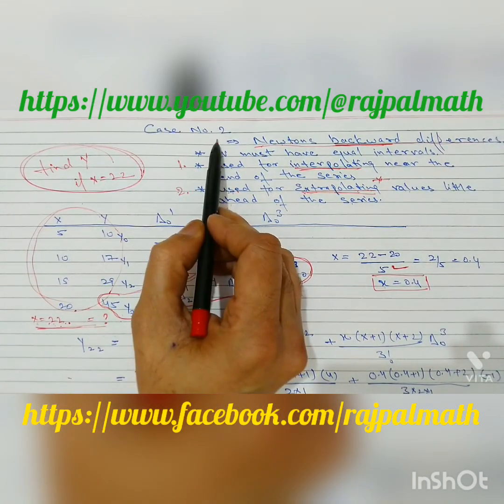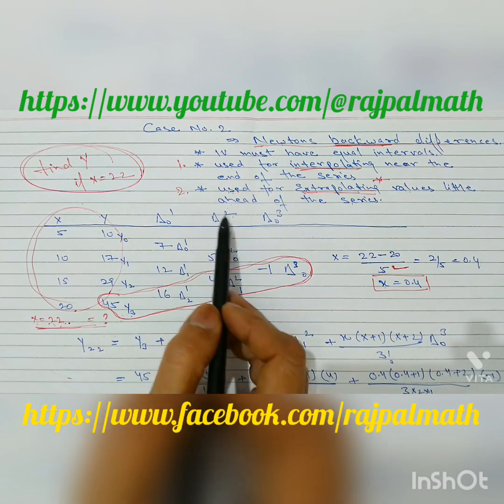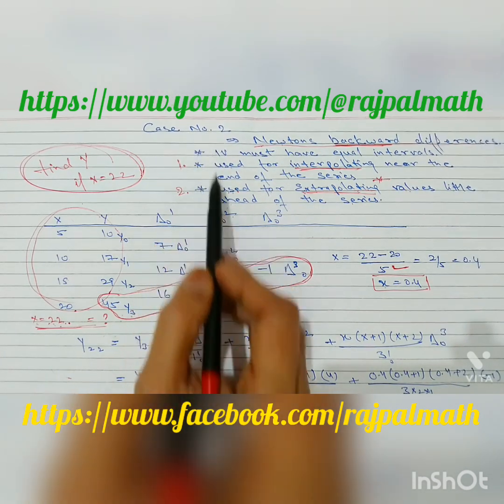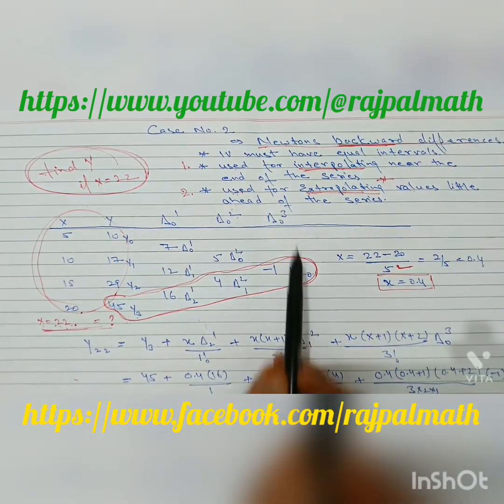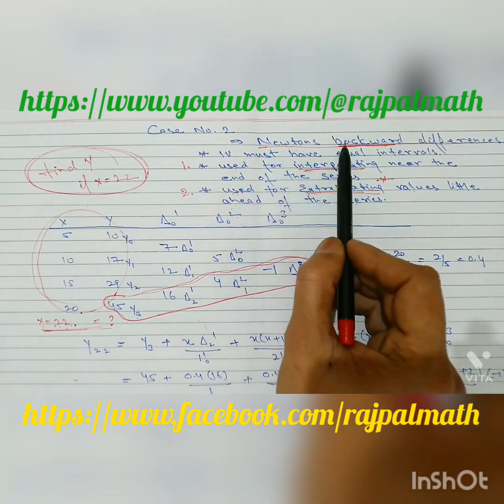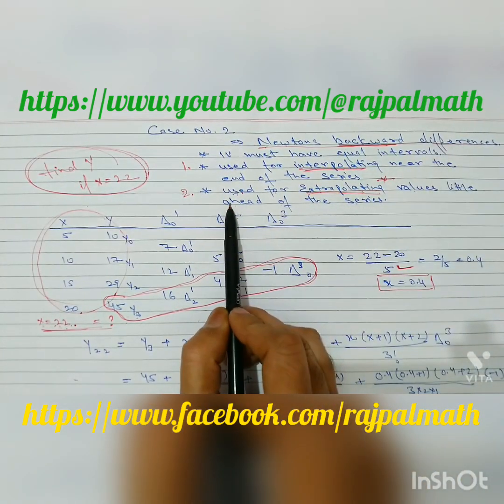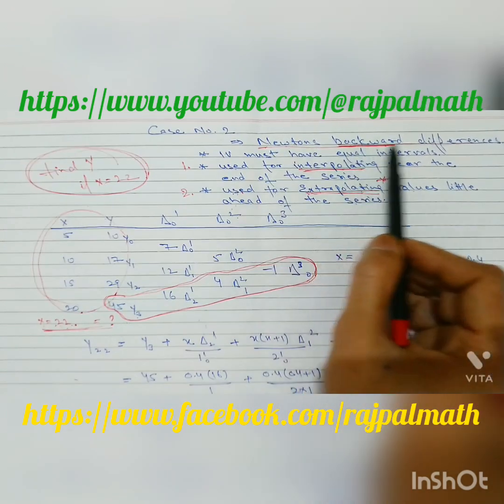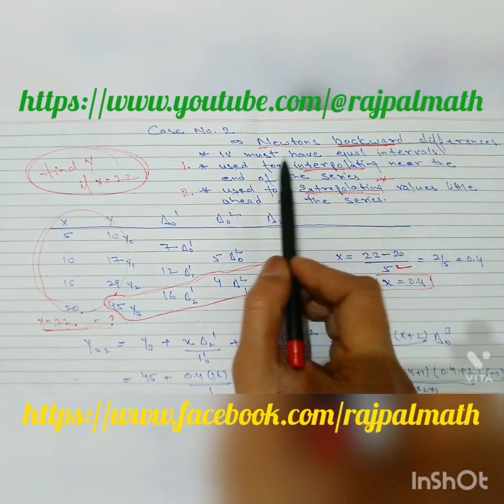Case number 1 was the case for interpolation. Case number 2 is for extrapolation. Case number 1 was Newton's forward differences method. This case is Newton's backward differences method.